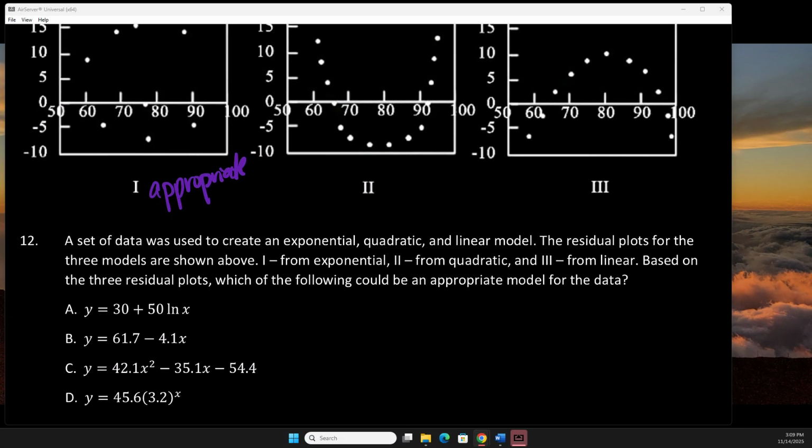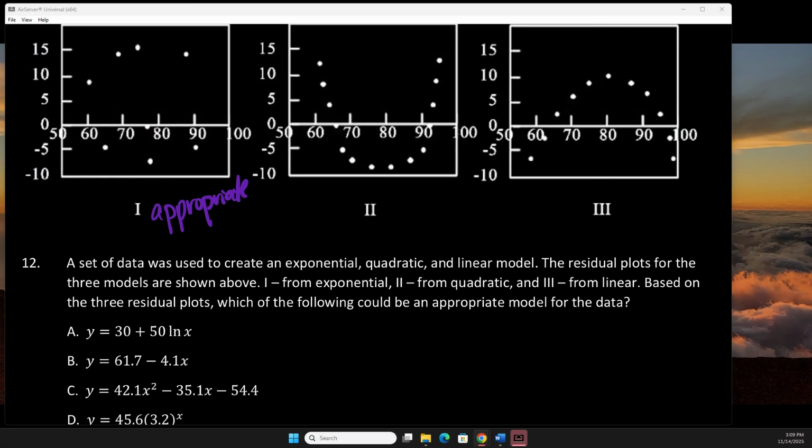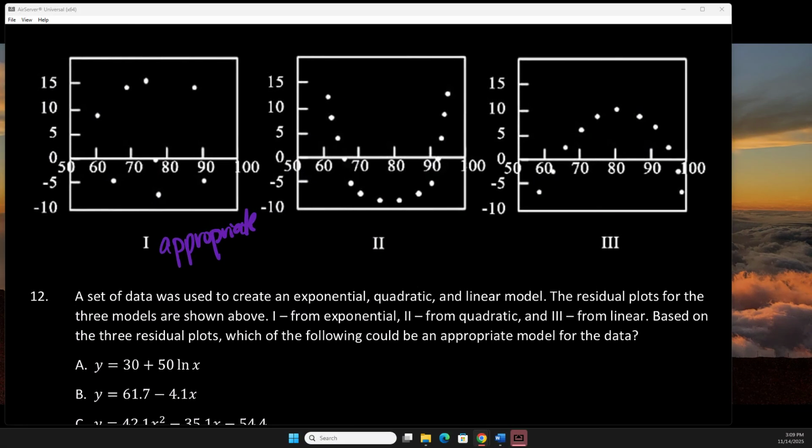All right, a set of data was used to create an exponential, quadratic, and linear model. The residual plots for the three models are shown above. One is exponential. That's all I probably need to know to answer this. 2 was the residual from a quadratic.